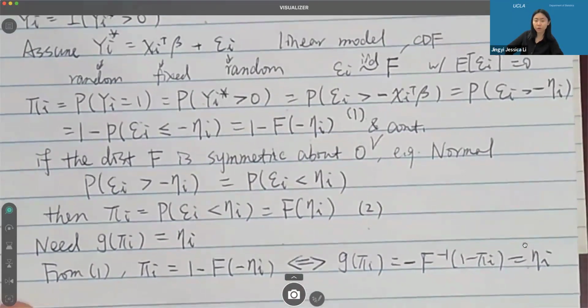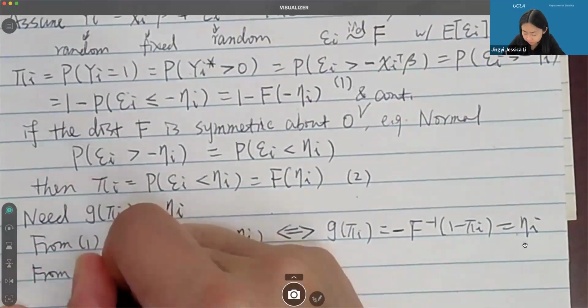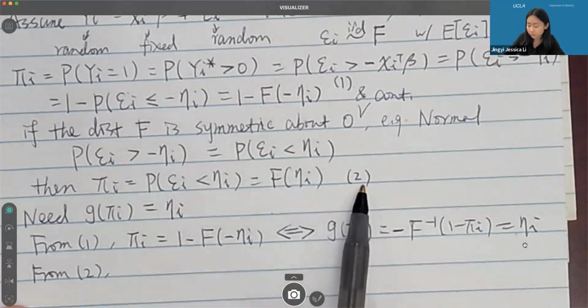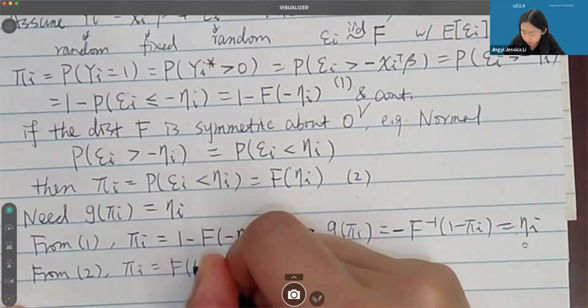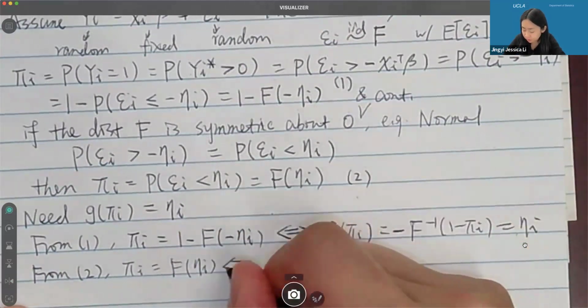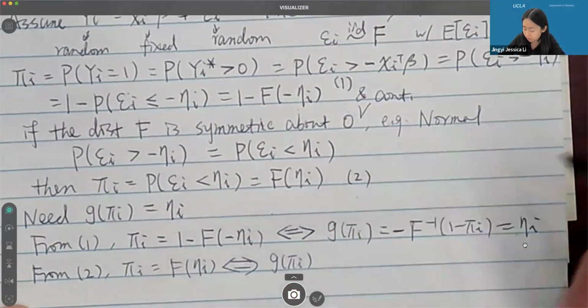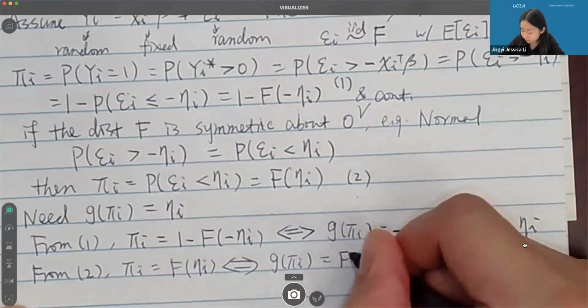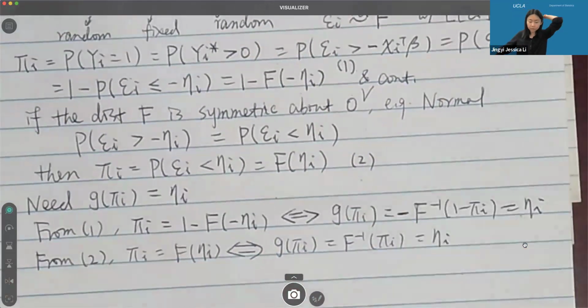That gave me a general form of the link function. And from 2, if I use the simplified form, I have pi I as F of eta I. Then this directly gives me G of pi I, which is just F inverse of pi I, equal to eta I. So I get the link functions.